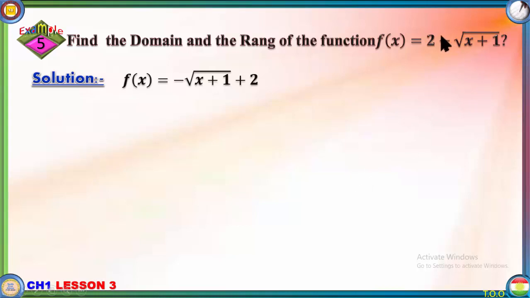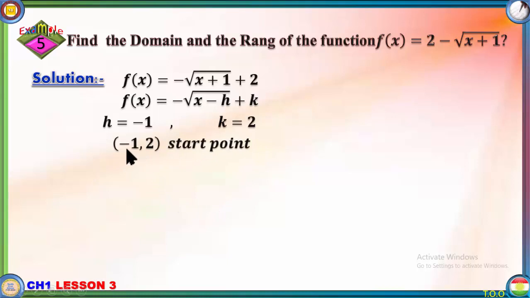And because the sign of the square root is negative, therefore the range begins from negative infinity to k, which is 2. And now comparing these two functions, therefore h equals -1 and k equals 2, and the start point is (-1, 2).